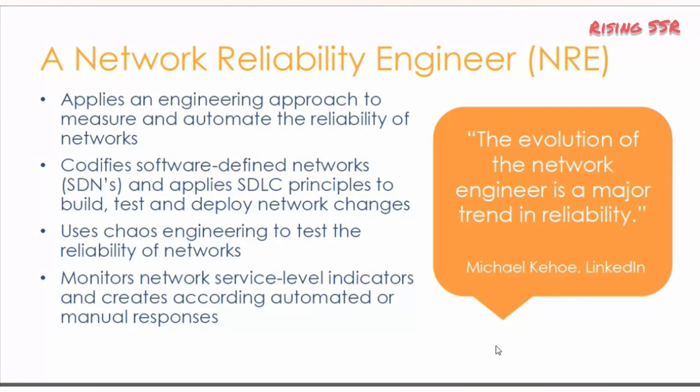Whoever are the network professionals, the network engineers, if their thought process goes above and beyond what they have traditionally been doing, then once we reach that phase, we may see a new job title evolving, called network reliability engineer.